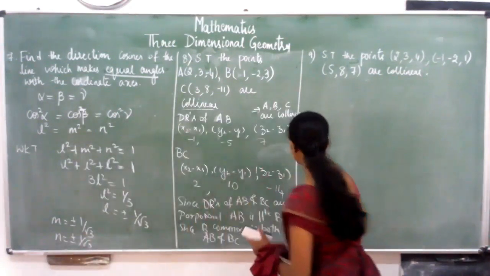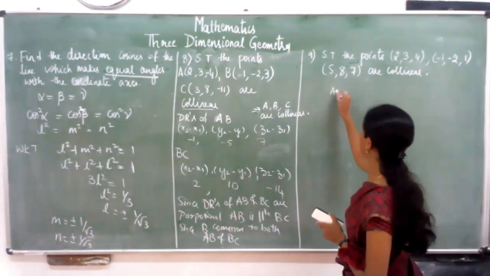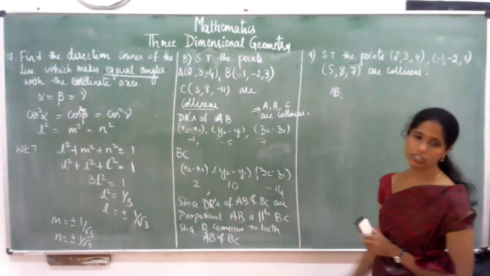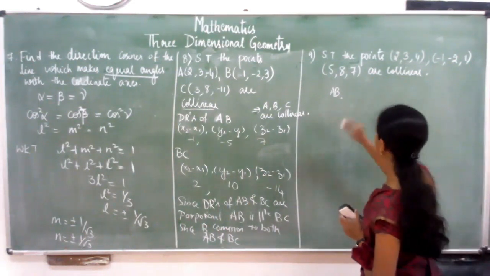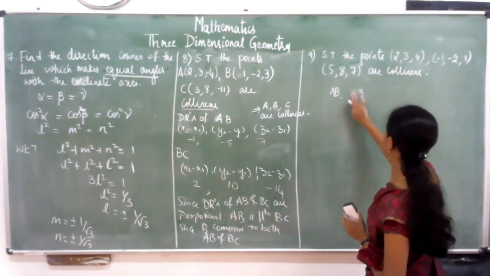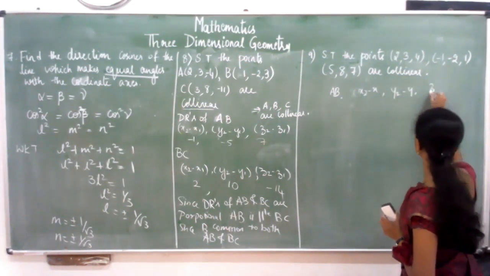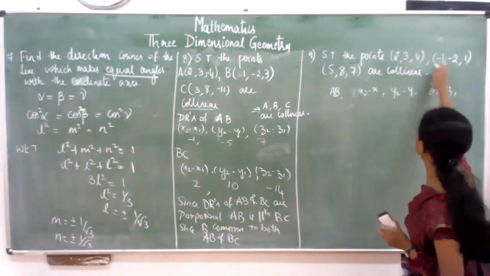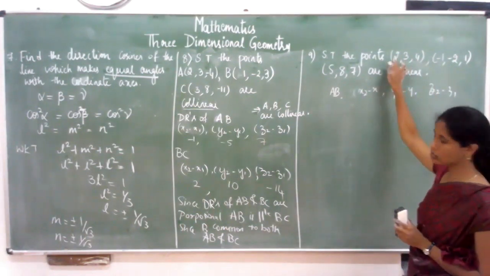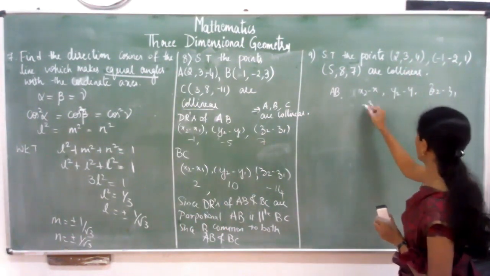Next, again you have a similar problem. Again let us find the direction ratios for AB. It is given by x2 minus x1, y2 minus y1, z2 minus z1. Therefore, minus 1 minus 2 is equal to minus 3.